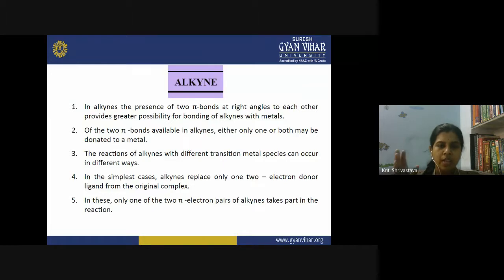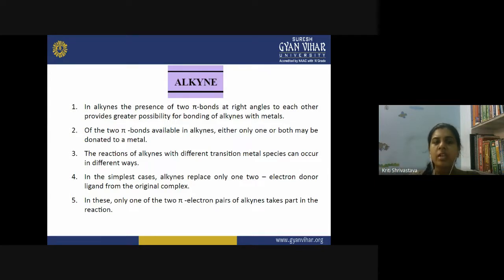So the reaction of the alkyne with different transition metal species can occur in different ways. And in the simplest cases, the alkyne replaces only one 2 electron donor ligand from the original compound. So even if it is having two pi bonds, it behaves like an eta 2 ligand or dihepto ligand.